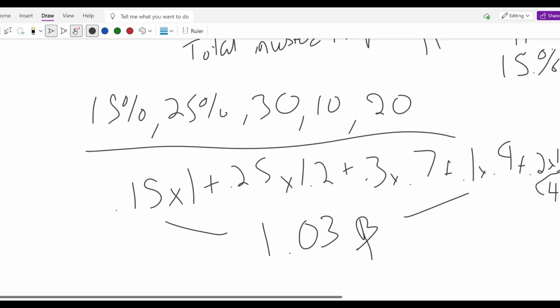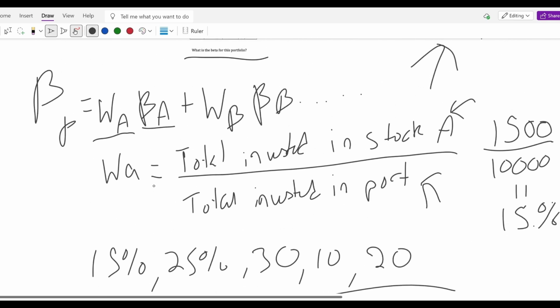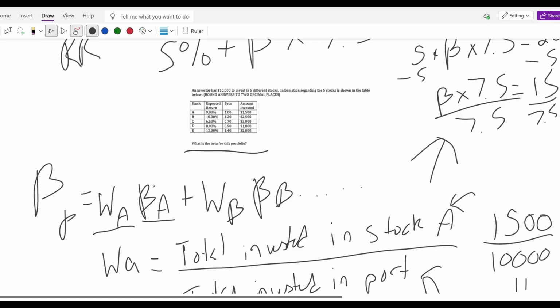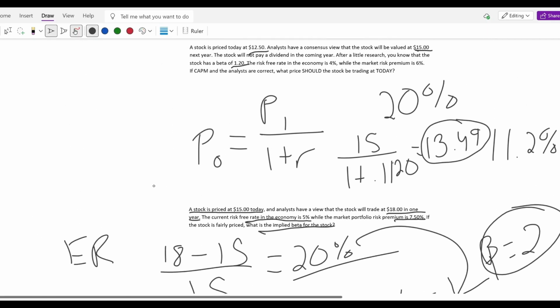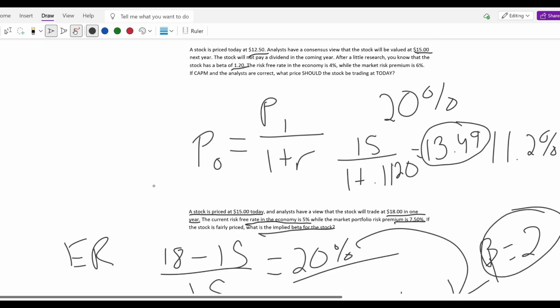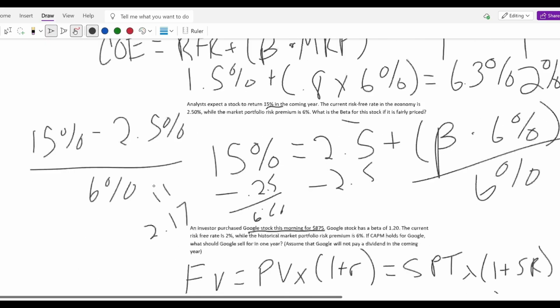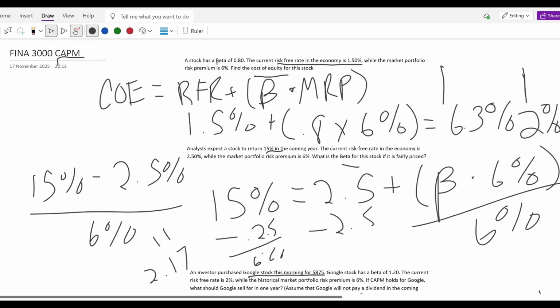So that's all the problems that I have. I plan to come out with a couple more videos and tutorials. If anything could be made more clear, or you want to go over something, I'd love to. But when it comes to CAPM, just remember what each thing means: what the beta means, what the current risk-free rate and the market portfolio are, and how to find them.